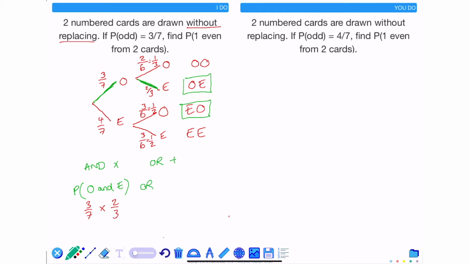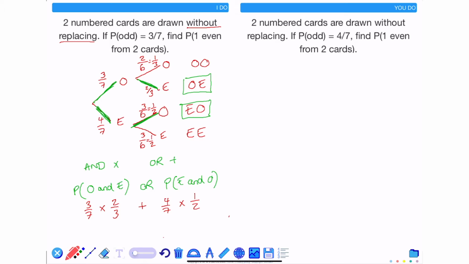Or the other scenario was that I wanted the probability of an even and an odd. And looking at my diagram, 4/7 multiplied by 1/2. I'm then going to add 3/7 times 2/3 with 4/7 times a half.